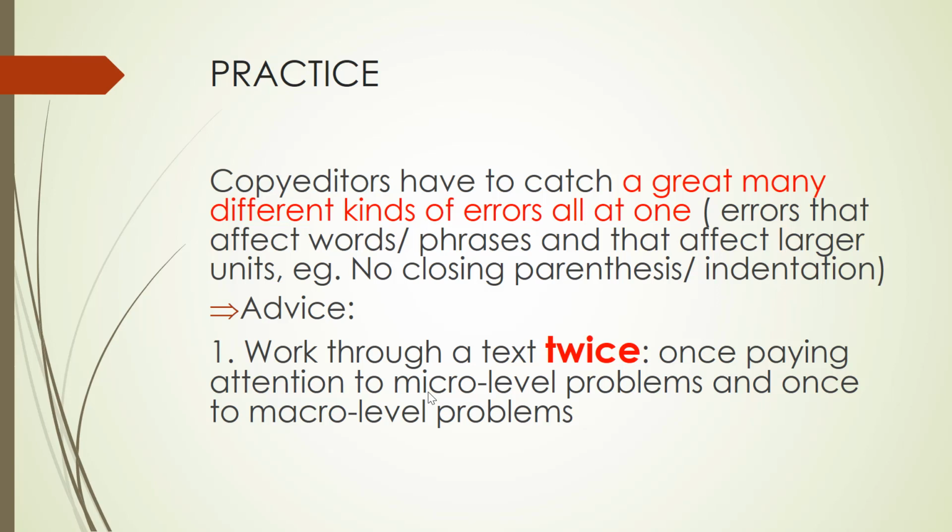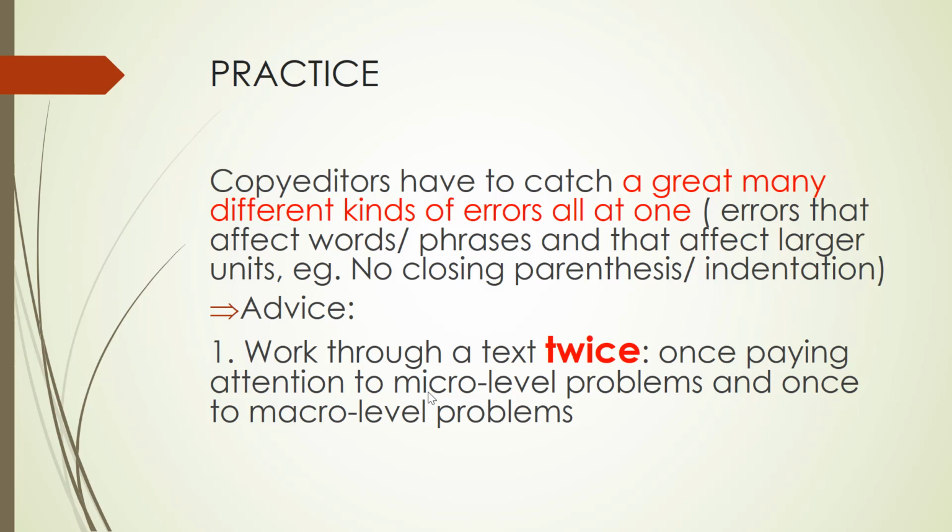So the copy editors have to catch a great many different kinds of errors all at once. We have the grammar, we have the spellings, we have the punctuation, we have the kind of errors in uses, like errors that affect words or phrases or affect larger units. So we have some advice now.